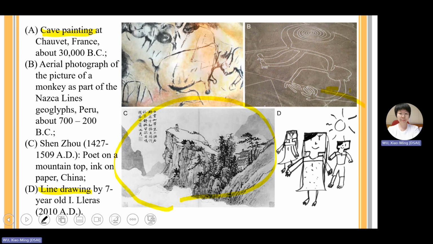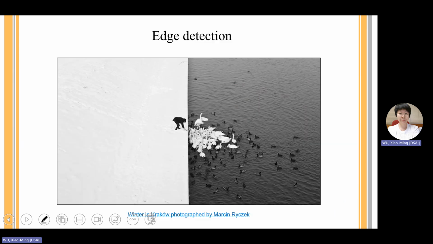Common to them is the edge information contained in these paintings or line drawings. Edges are important because edges contain structural and semantic information about images and the scenes.